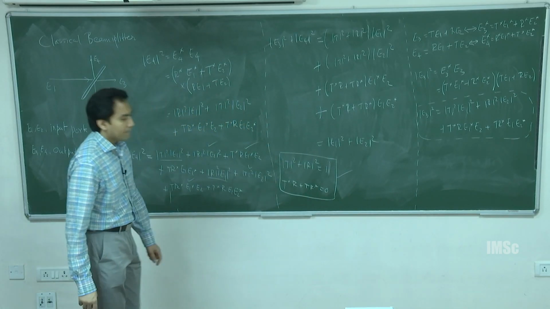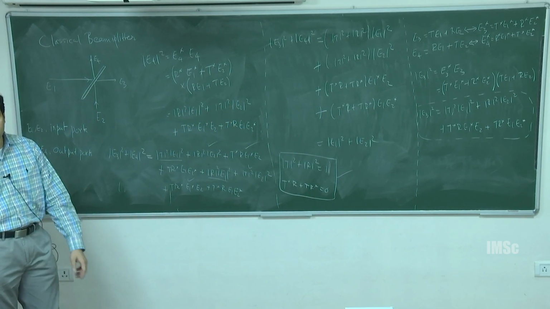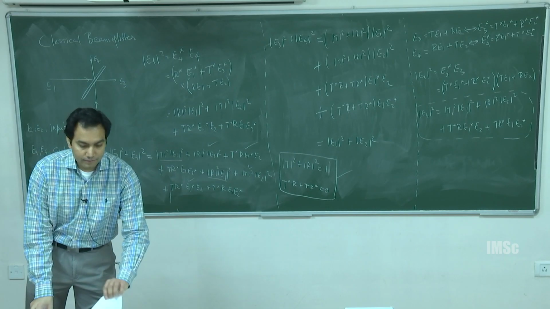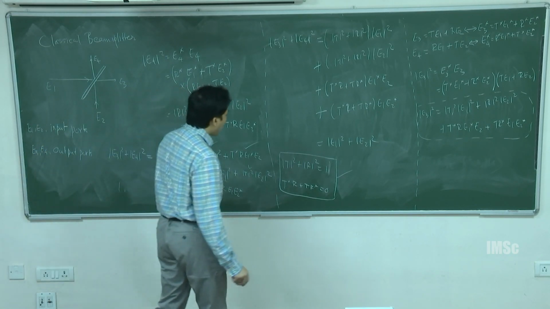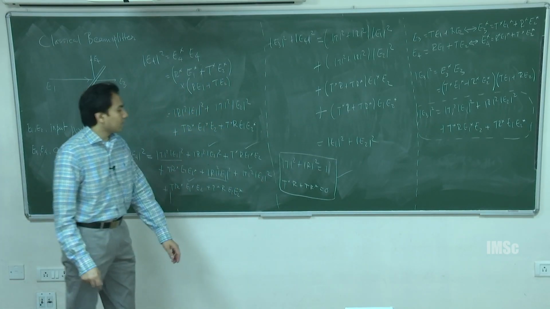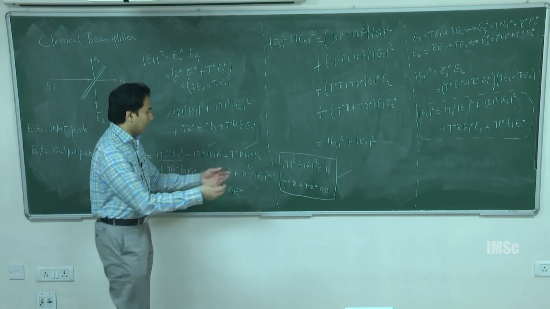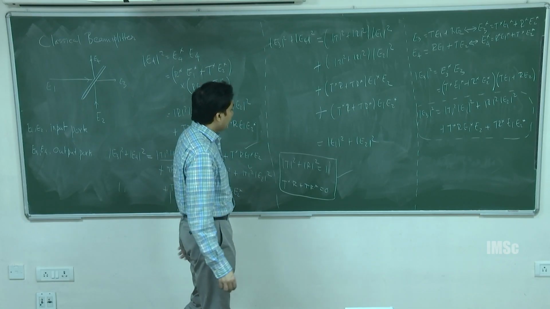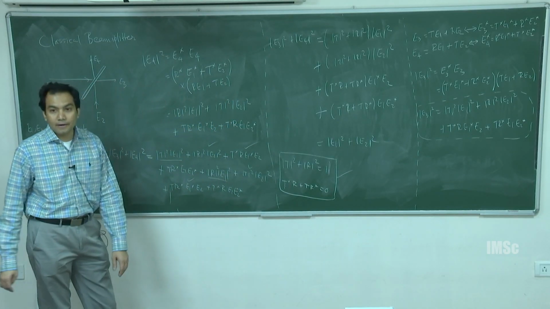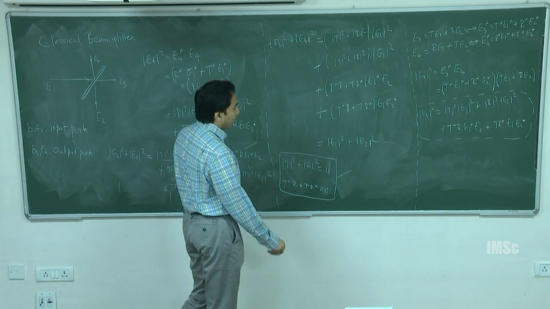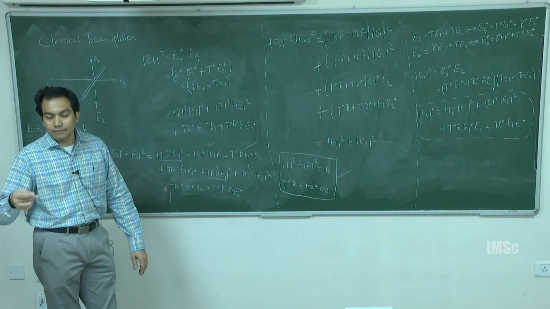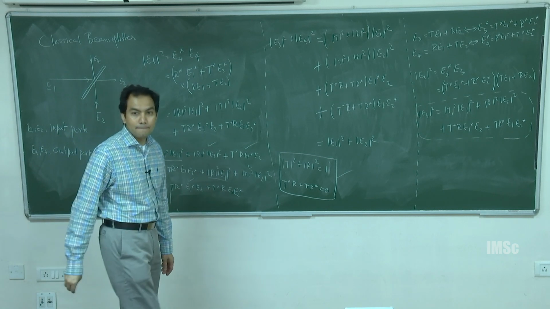Whenever you consider a beam splitter, the sum of the squares of the transmission and reflection coefficients, if they are real, or the sum of the mod squares if they are complex, should be 1, because that follows from the conservation of energy.